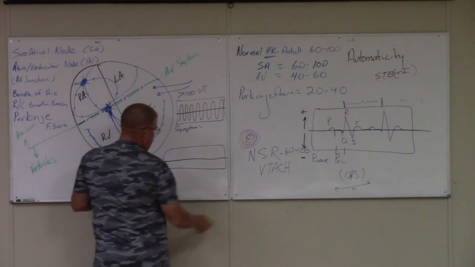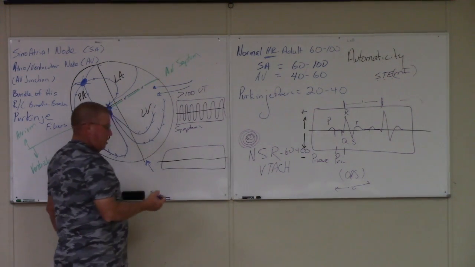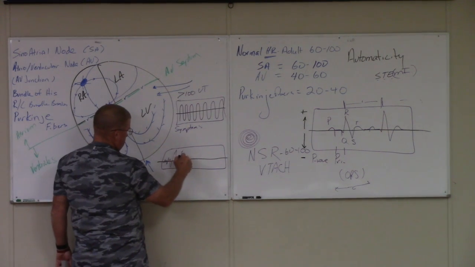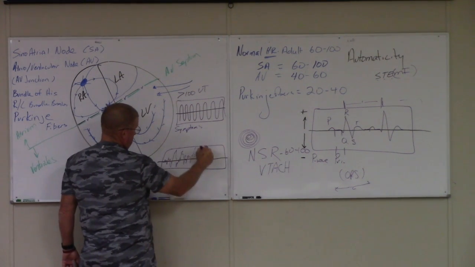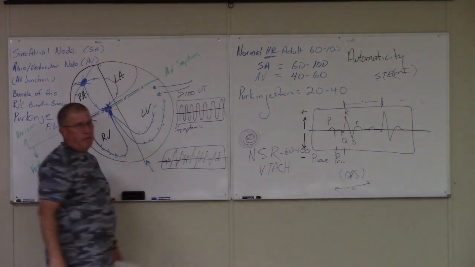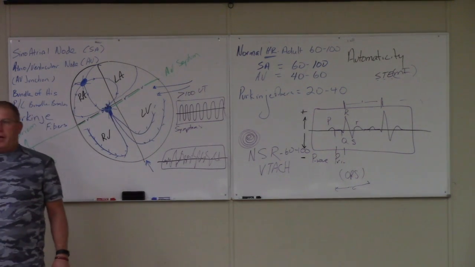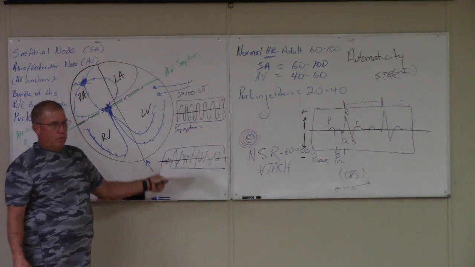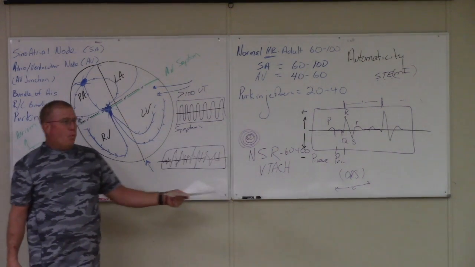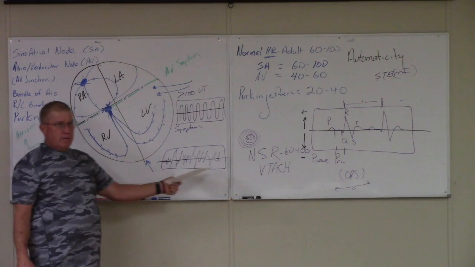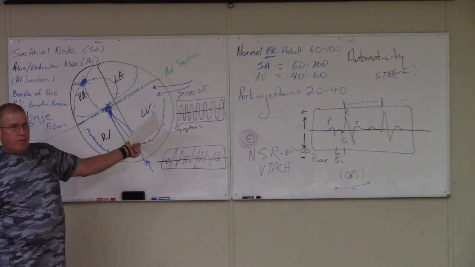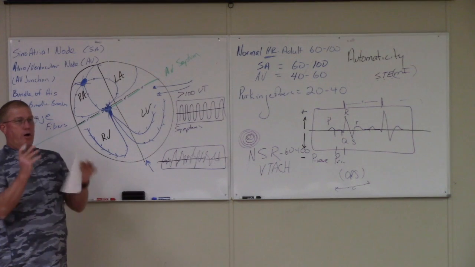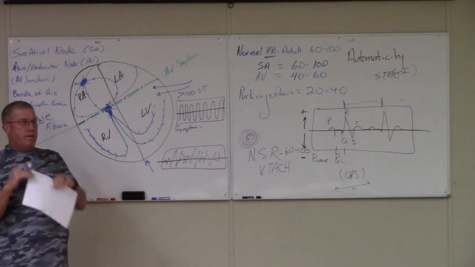And what you're going to see here is just a bunch of nothing. It's going to be no rhyme nor rhythm to it, no regularity to it, no positive deflection equal, no time-wise. What's happening right here is all of these Purkinje fibers are firing on their own, and the heart is sitting here quivering, okay?